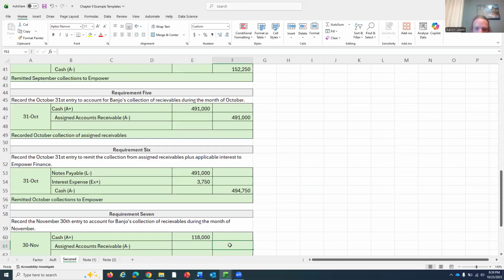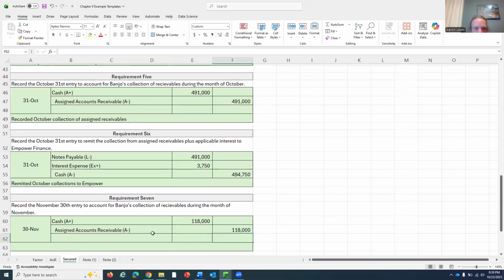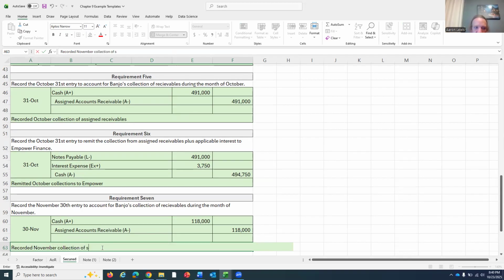So debit to cash for 118 grand, credit to assigned accounts receivable for 118 grand. And here we recorded the November collection of assigned receivables.